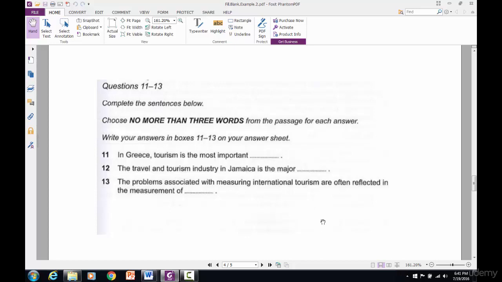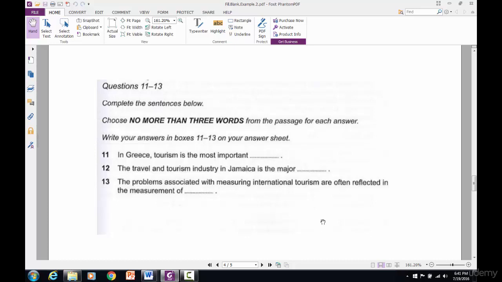We want to look at the questions and decide which ones are going to be the fastest to do first. Clearly, numbers 11 and 12 are going to be the fastest because of the words Greece and Jamaica. Those words are going to be very easy to find in the reading passage. For number 11, we're looking for the answer that's connected to most important.